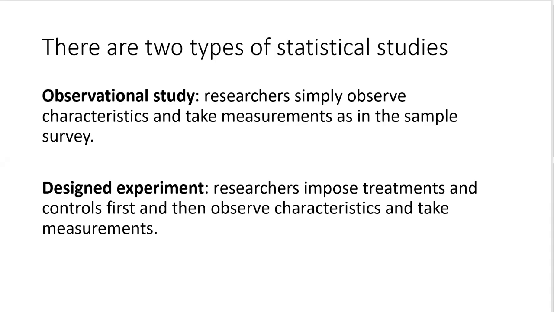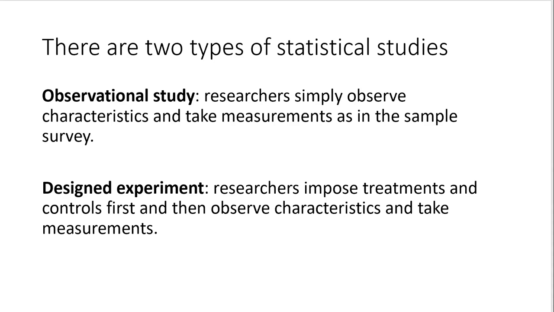One is observational study, where researchers simply observe characteristics of the objects and take measurements in the sample, or taking a survey, take measurements, so forth. Basically, they do not produce the data, they simply record the data that's already available.